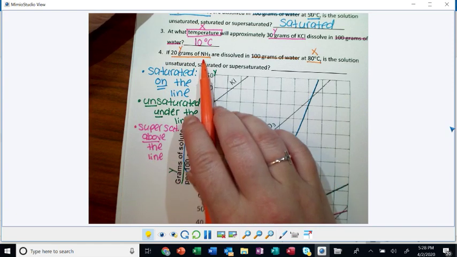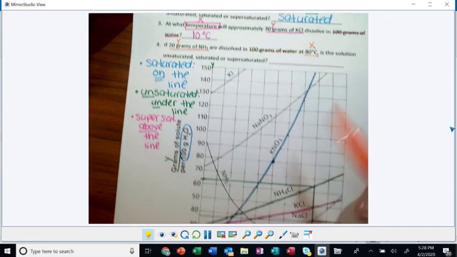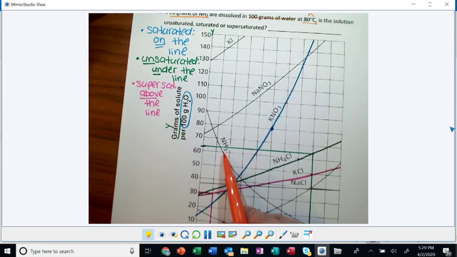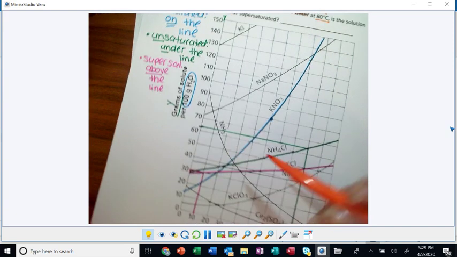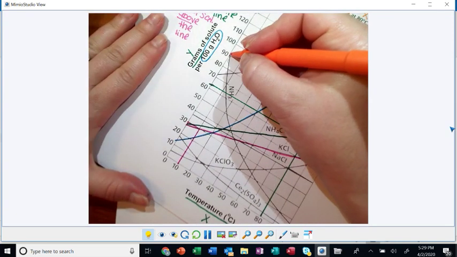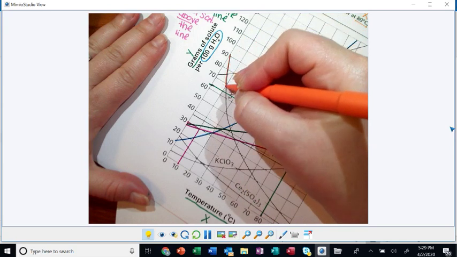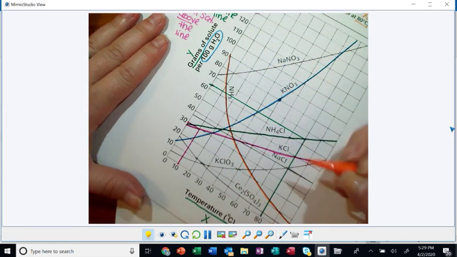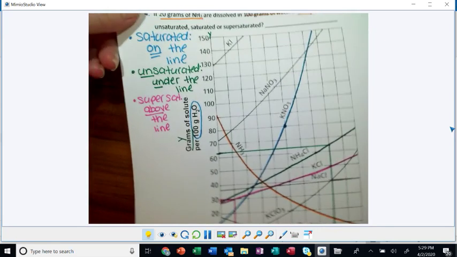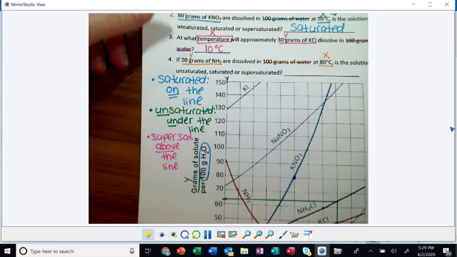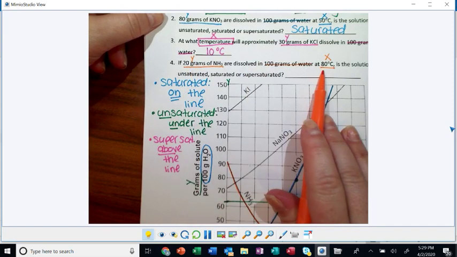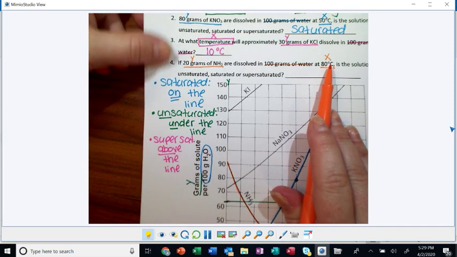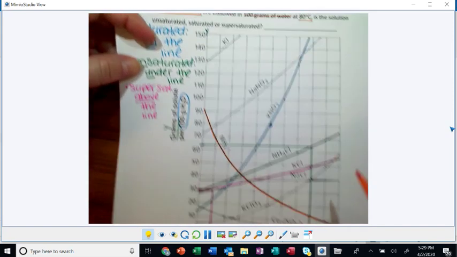So again, find our line for NH3 first. So here's NH3, so here's our line. So let me turn this to trace this. Okay. They give us a Y and an X coordinate, so we're going to plot that. So 80 degrees Celsius and 20 grams.